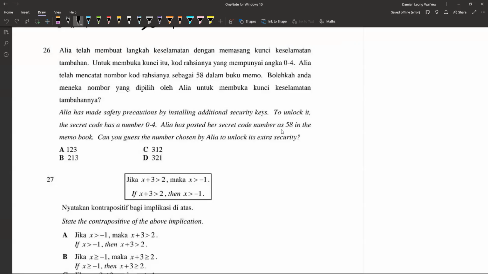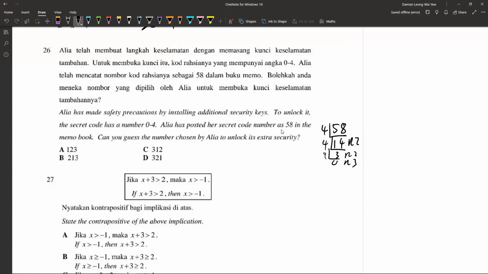Secret code number 58. So I would probably guess 58 is in base 10, so it should be a base number question. If I take it as base 4, divide by 4, 14, remainder 2, then divide by 4, 3, remainder 2, then 0, remainder 3.